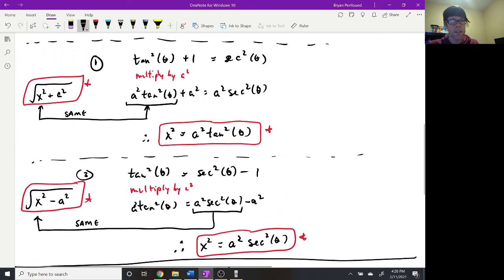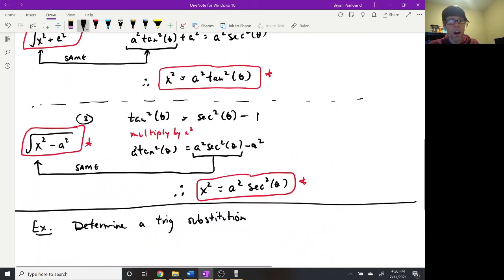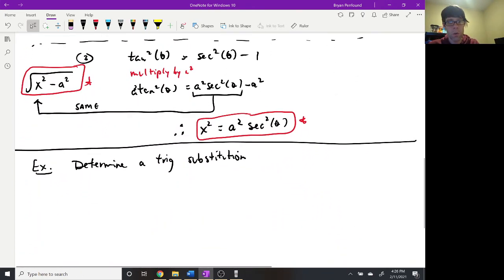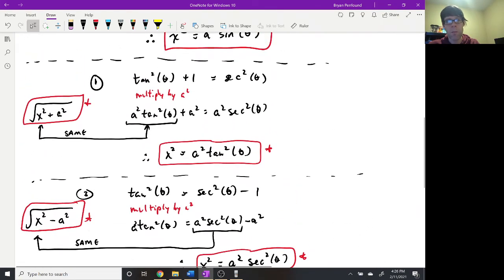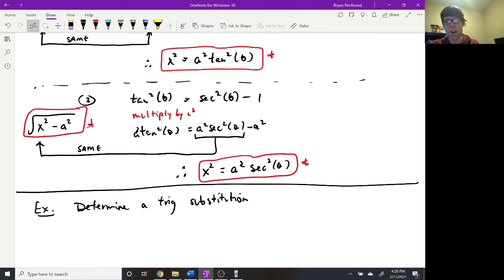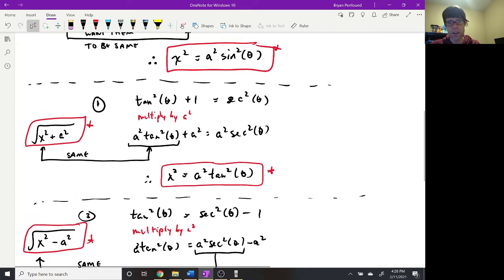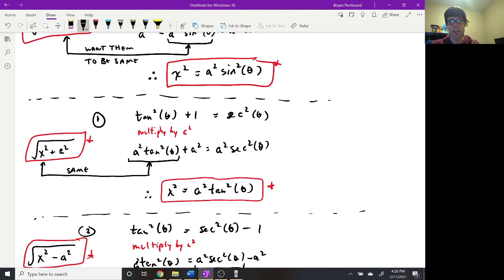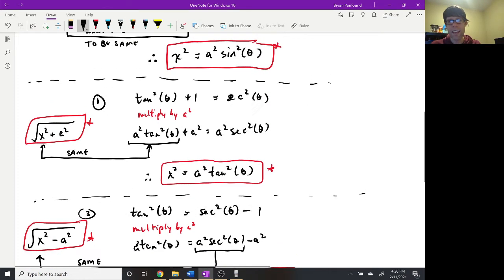The ones I've given you are the standard ones, but there are other possible substitutions that will work. But you really just need to memorize these three. If you want, you can play around a little more with the other trig identity, the cosecant and cotangent identity, and you can find some substitutions using that identity as well. But these are the three that the textbook's going to go over, and the textbook chooses these three because the derivatives are not going to have any negative signs, right?